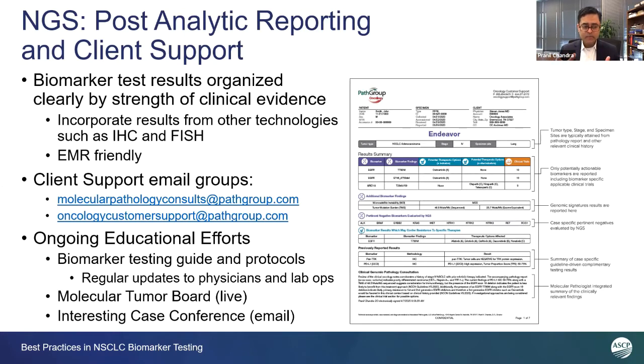Some of the things we've done is that we've created biomarker testing guides and protocols, and these are emailed out to our physicians, our pathologists, as well as our oncologists, and they are updated on a quarterly basis. As Dr. Vanderlyn pointed out, the NCCN guidelines are being updated very regularly, so we have to be on top of all of the latest publications and get that to our laboratory operations staff, our physicians, as well as our oncology clients.